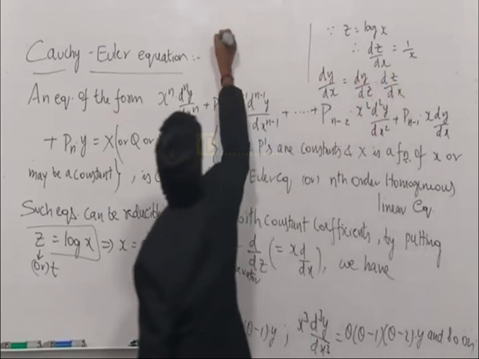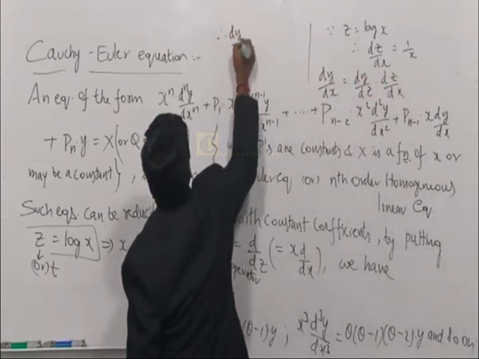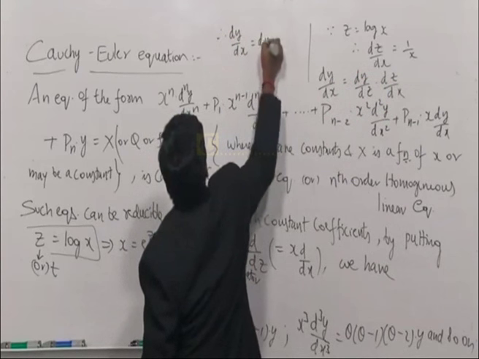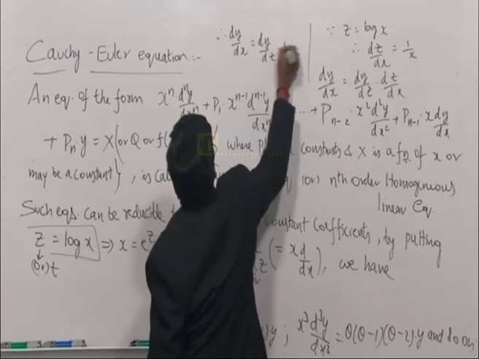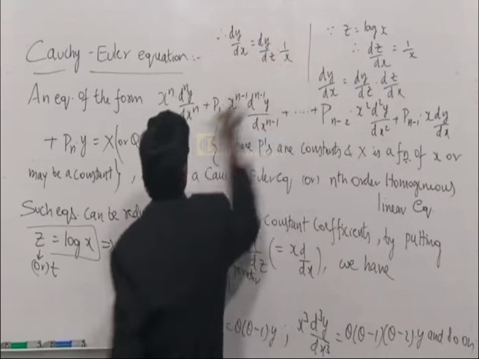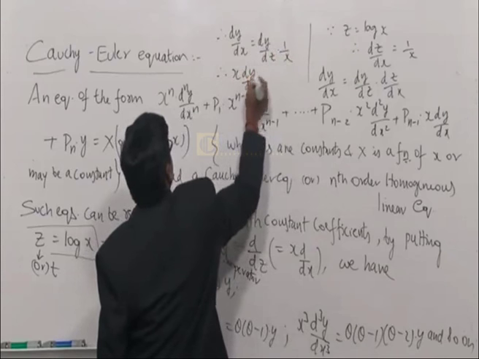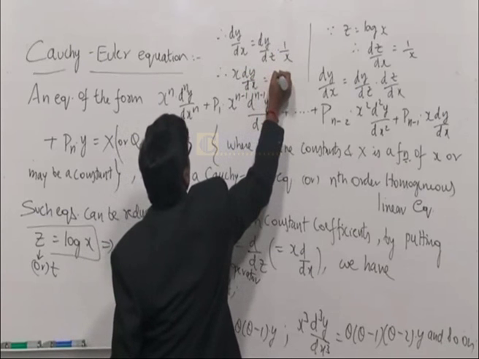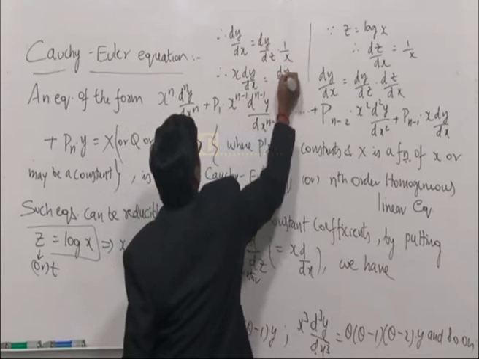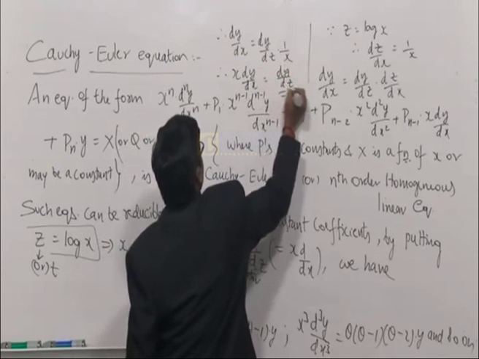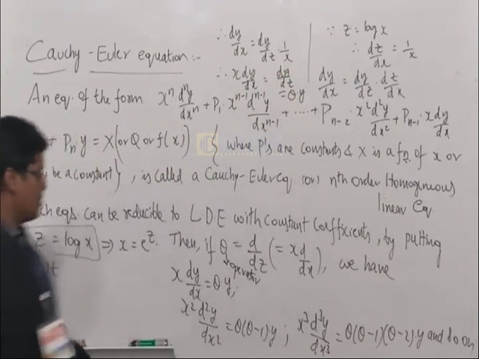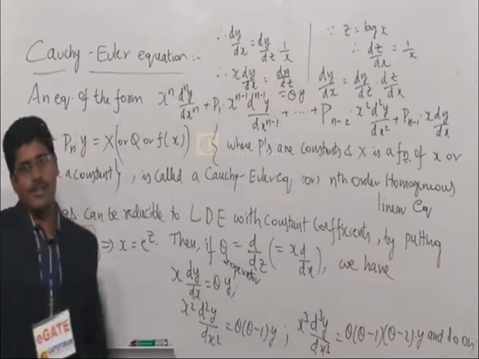I already found that. Bring x to the right side. Therefore x into dy by dx is equal to dy by dz. That dy by dz I already denoted by theta into y. In that way I proved it.